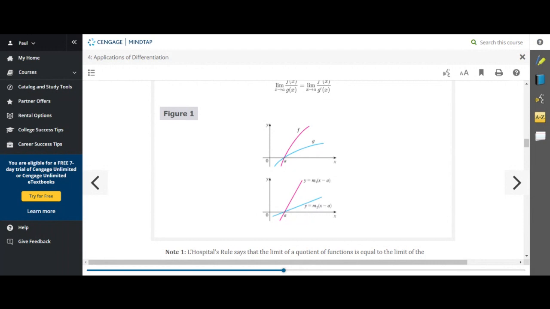Let me go back to the whiteboard here. Let's say that at x equals a, f prime of a is equal to m1.